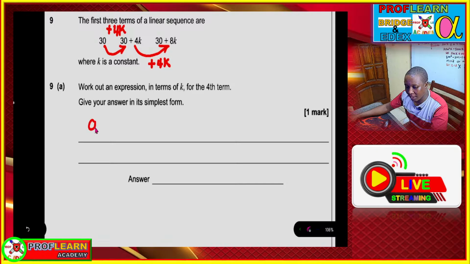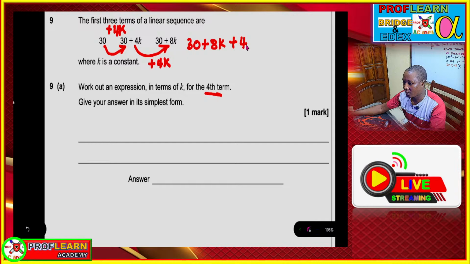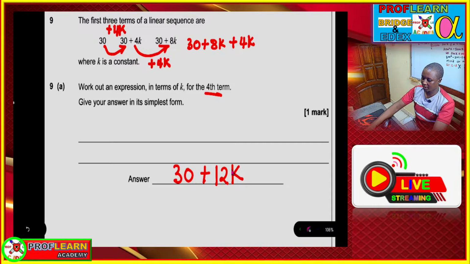For an AP, the 4th term, because this is the first, second, third, then the 4th term will be 30 plus 8k. Then we add 4k, which translates to 30 plus 12k. That is the 4th term.